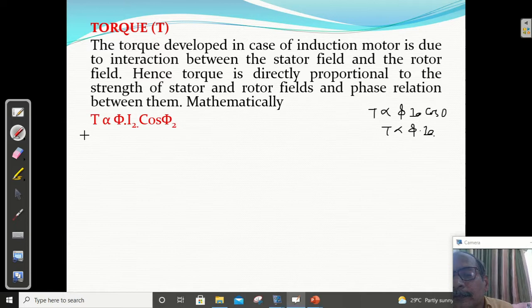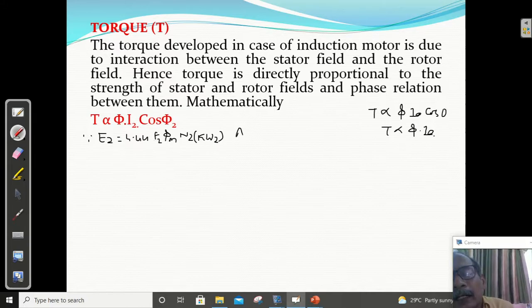Now, since we know E2 equal to 4.44 F phi m N2 Kw2, the winding factor, or this is F2.